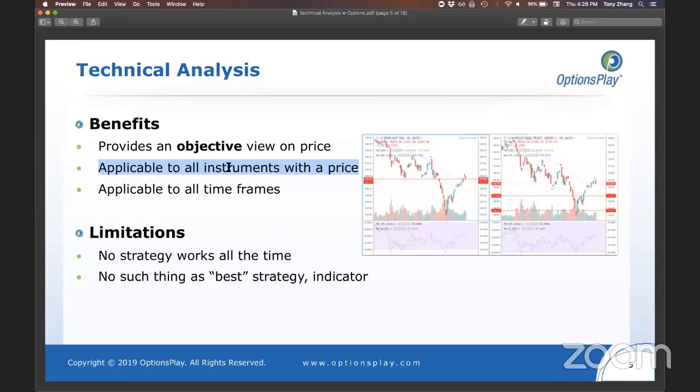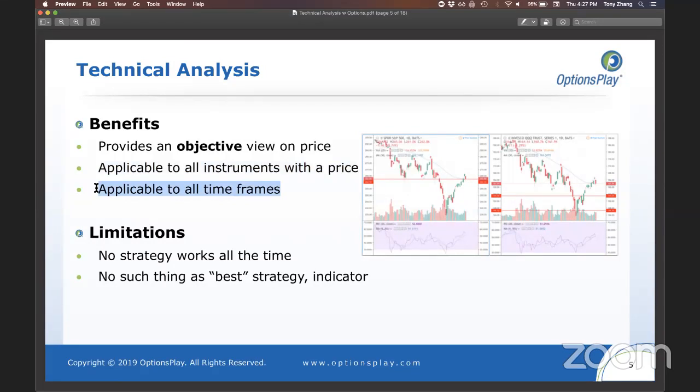And lastly, in my opinion, the best part about technical analysis is the fact that it's applicable to all time frames. Each one of us here on this webinar today has different preferences as to how frequently we trade. A lot of it is dictated based on how much time we have. But for those of you that have time every single day, you tend to be more on the shorter end of the spectrum. You might be looking at 1 hour charts or maybe daily charts.